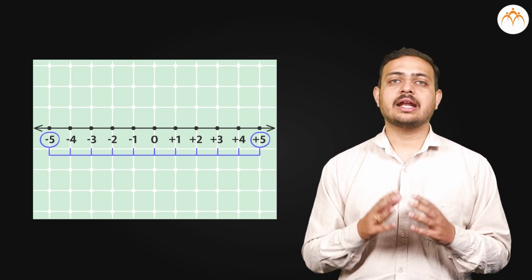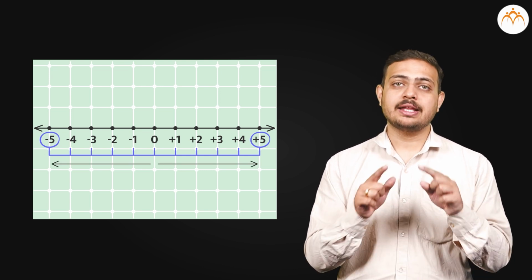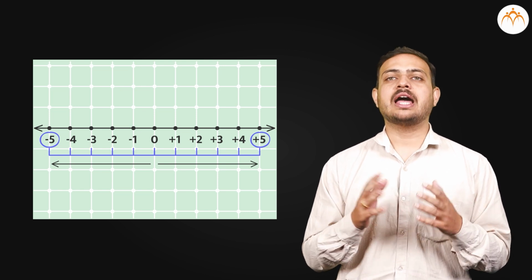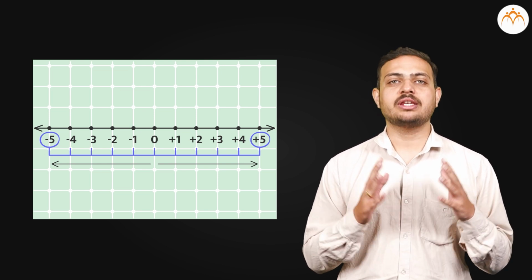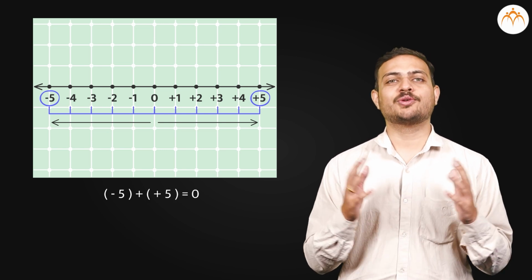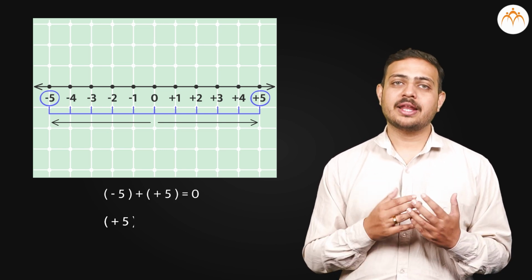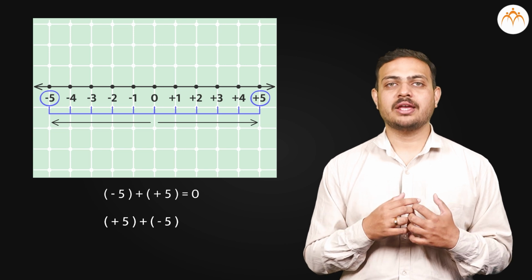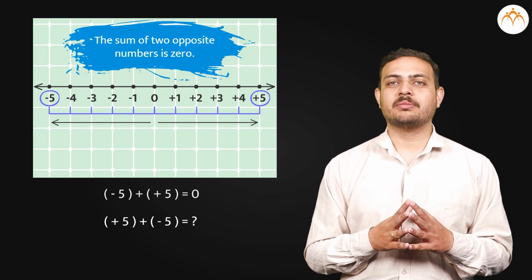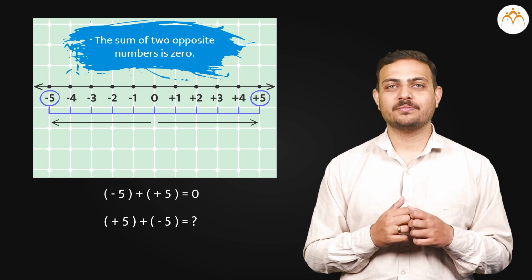Both numbers are equidistant from 0 but in opposite directions. Thus, -5 and +5 are opposite numbers. -5 plus +5 is equal to 0. Also, +5 plus -5 is equal to what? The sum of two opposite numbers is always 0.